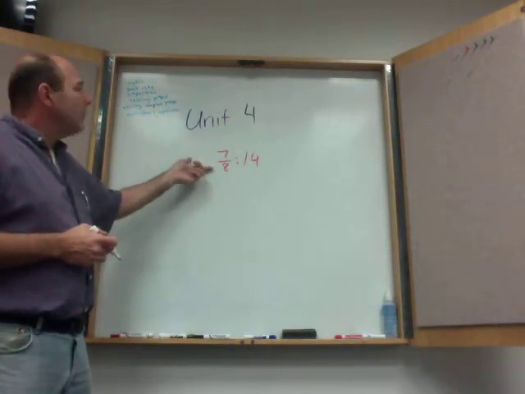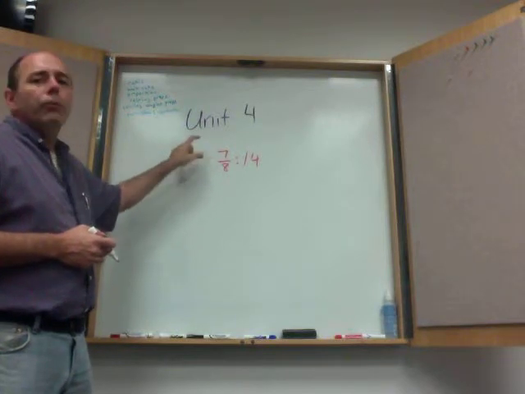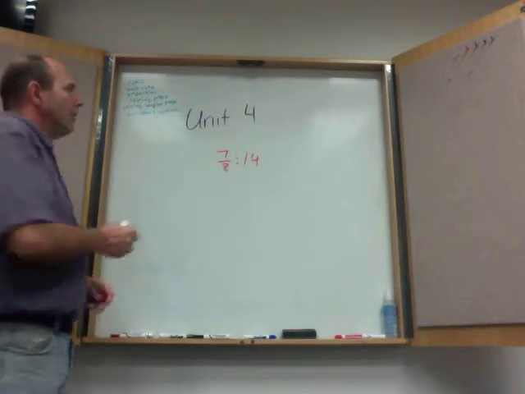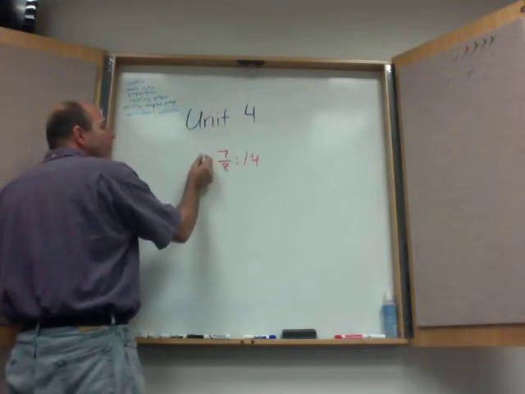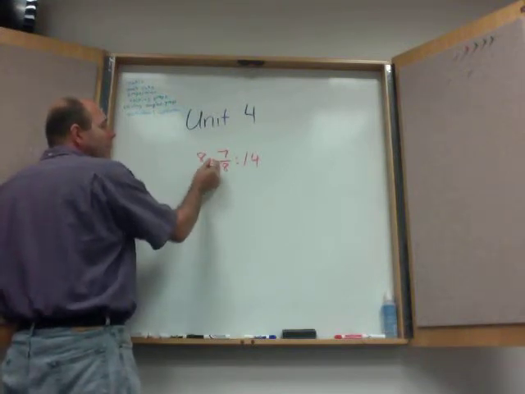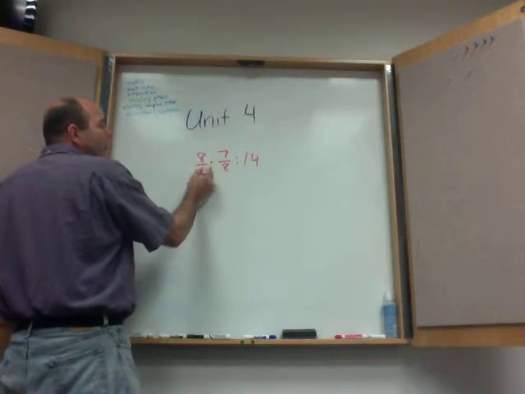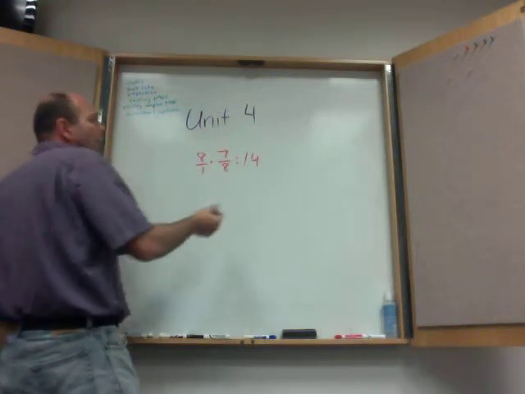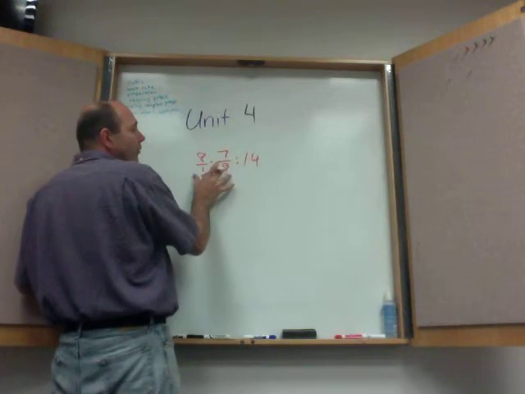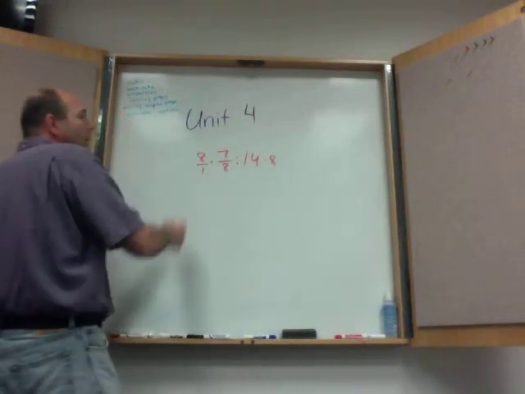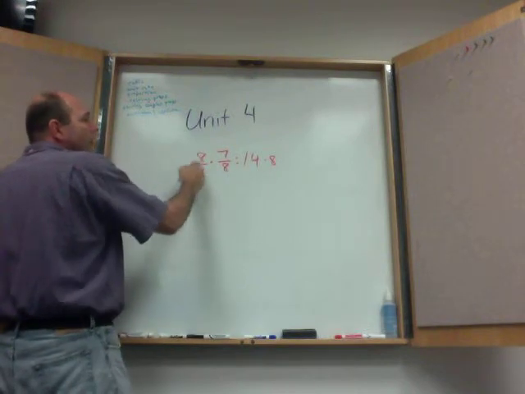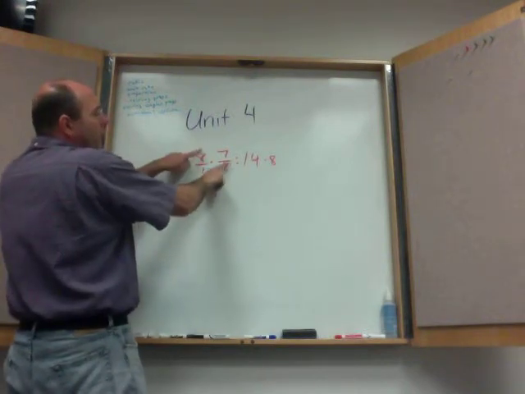One way to eliminate the fraction is always to multiply by the denominator. So I'm going to multiply this by 8, and I end up with 8/1. But if I multiply this side by 8, I have to multiply this side by 8. I could just cancel right now and end up with 7/1.